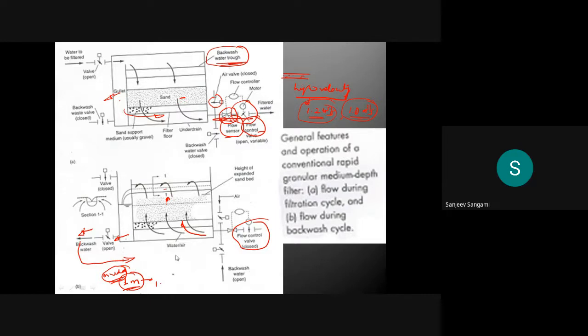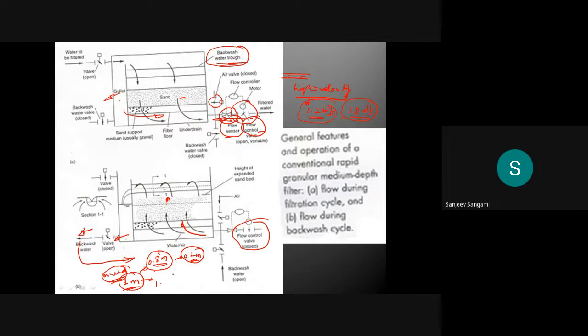So after 1 or 2 years, the 1 meter will become 0.8 meters. Then for whatever is left, that's 0.2 meters, you have to fill it again. That is the purpose of the backwashing systems.